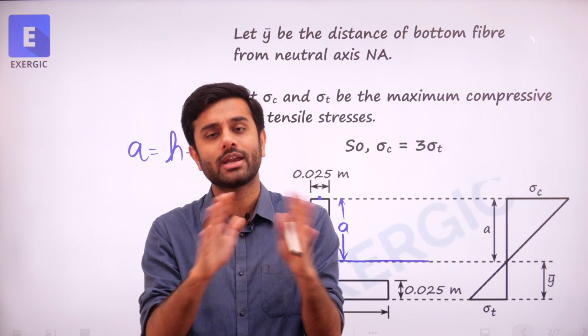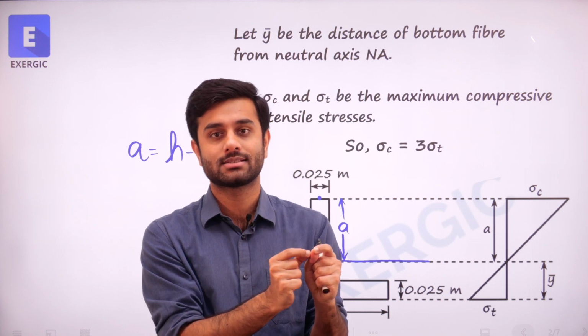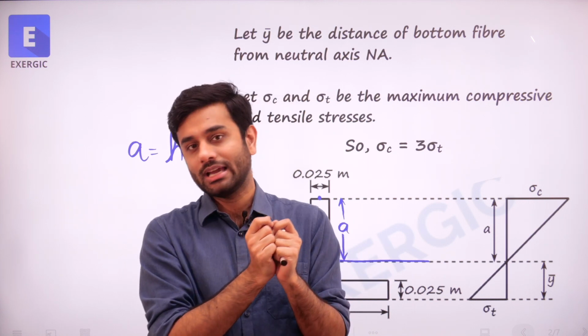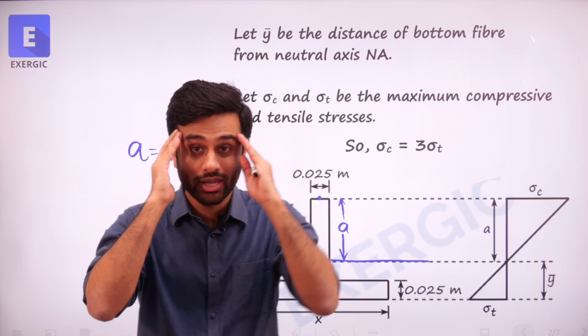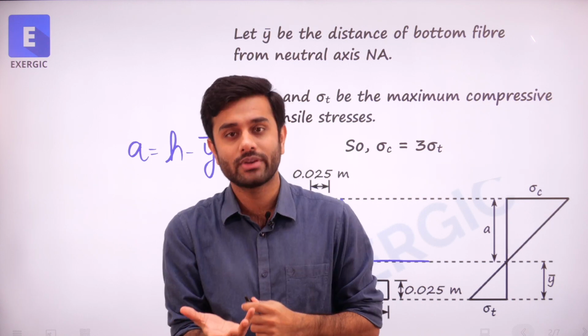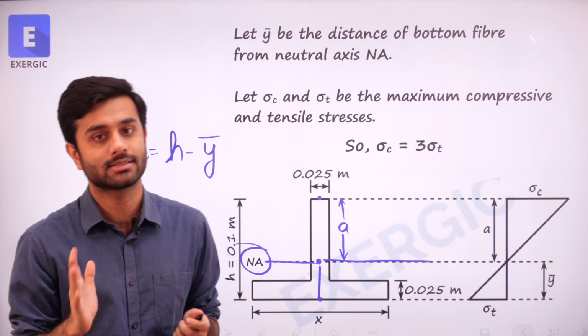But in the majority of the questions of bending, the calculation of the position of neutral axis becomes a part of the calculation at some point or the other. So if you are clueless in a question, the most obvious way to start the questions of bending would be the position of neutral axis.